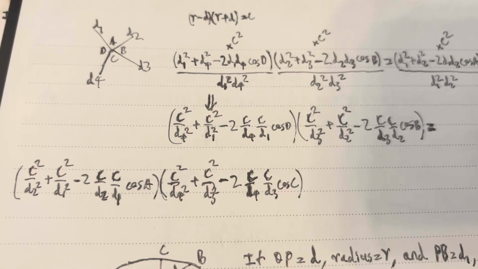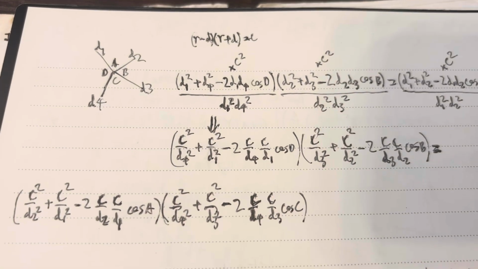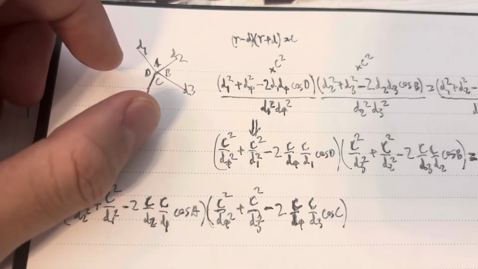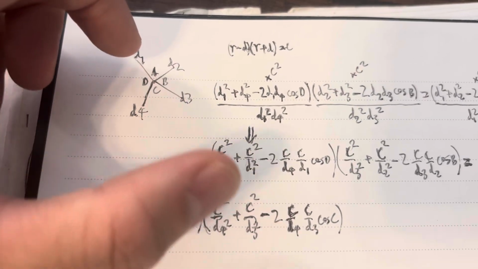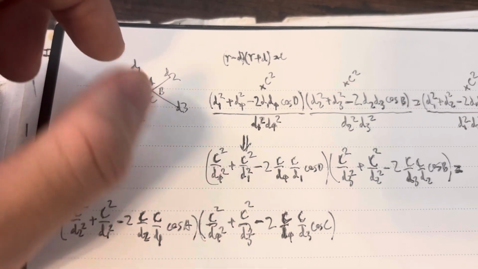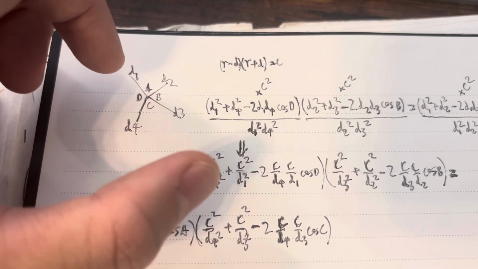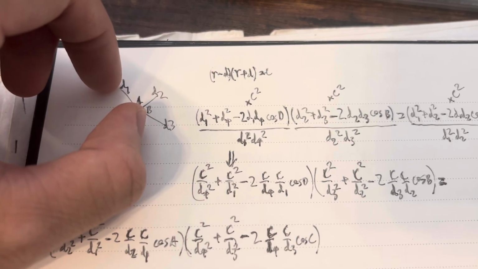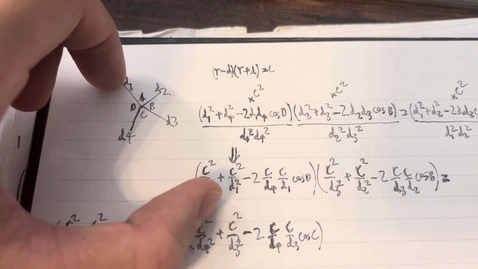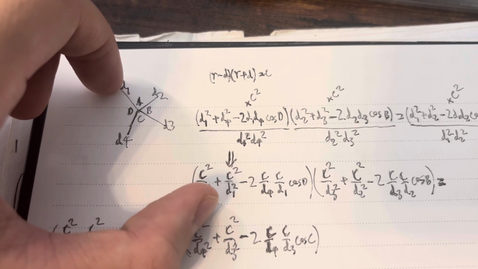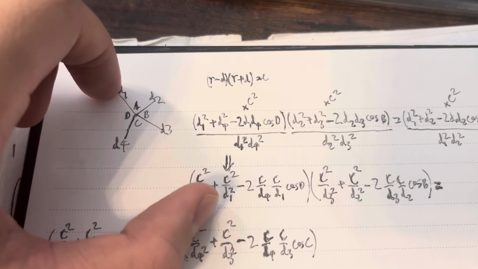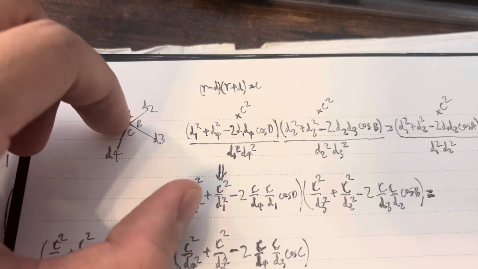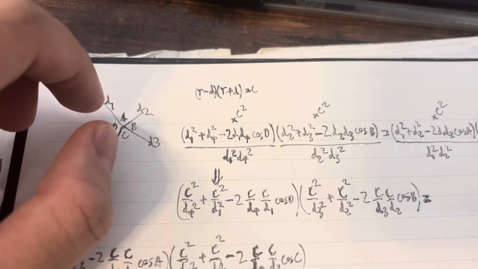By the power of the point, if I extend d1 through point P, that chord will meet the circle again at some other point, and the distance from P to that other point is going to be c over d1.